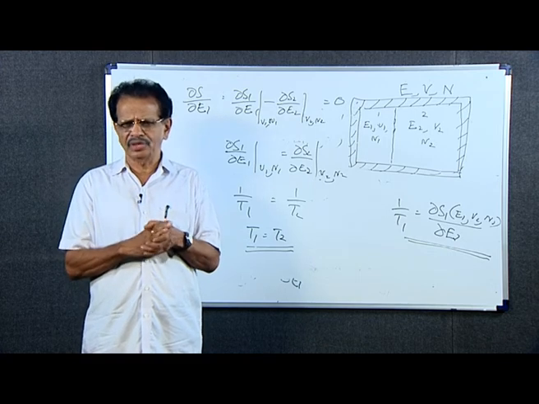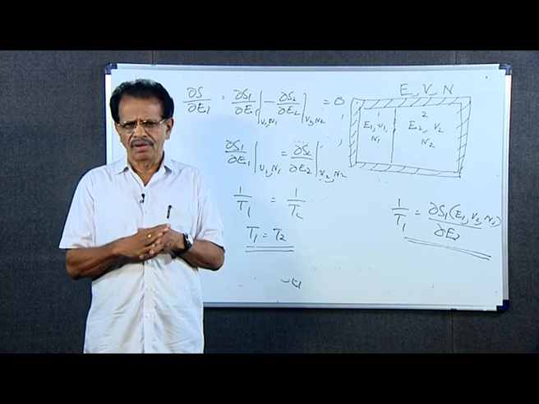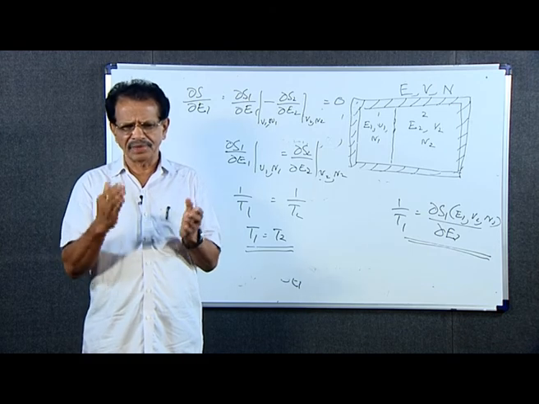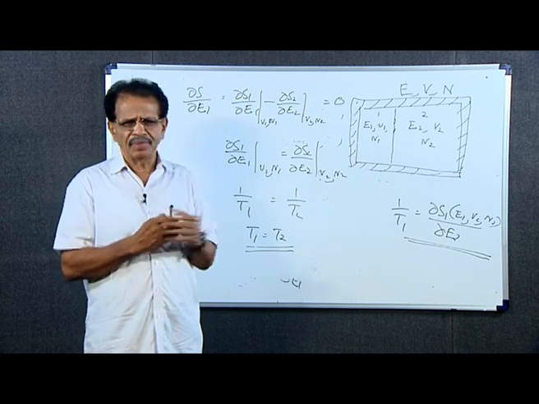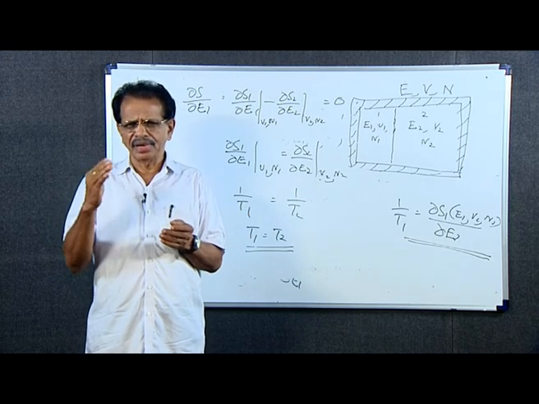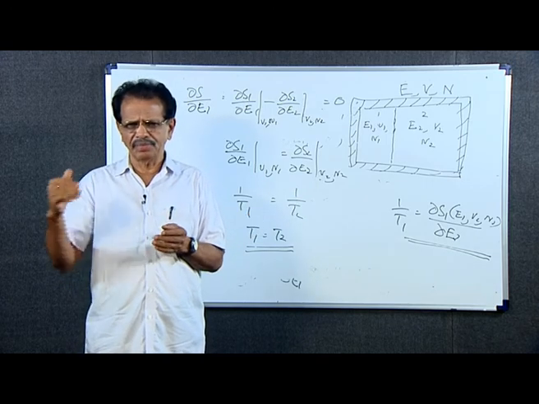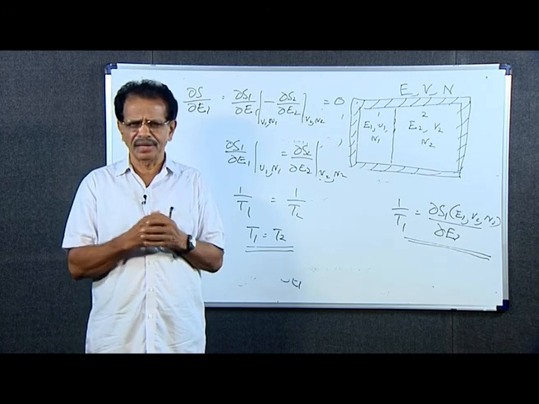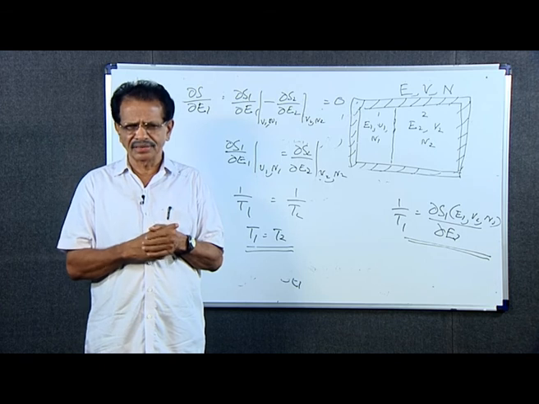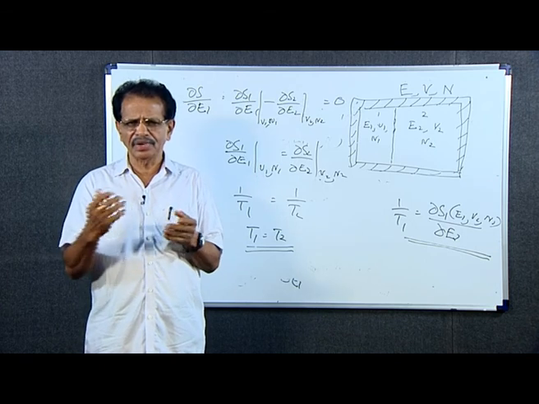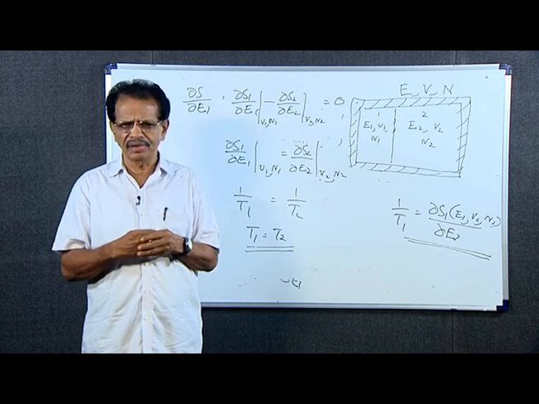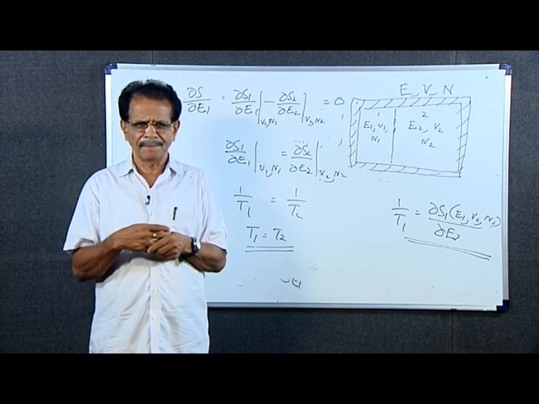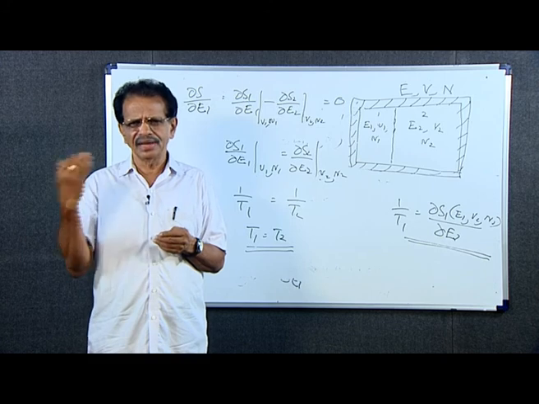Using the equilibrium postulate, we can calculate the expression for temperature: 1/T is ∂S/∂E with constant volume and N. Similarly, other parameters like pressure and chemical potential can also be calculated by demanding the equilibrium condition. This we will study in the next session.